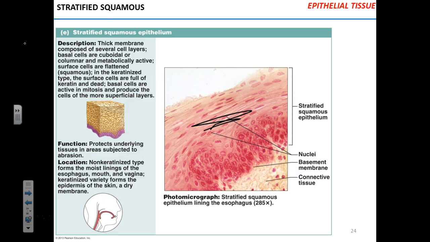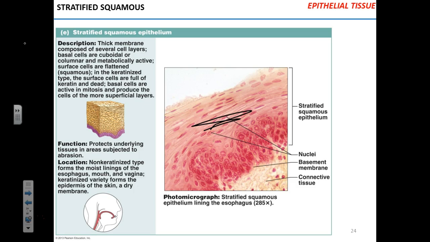Stratified squamous. Now, so we've got four simple layers, right? Simple squamous, simple cuboidal, simple columnar, and pseudostratified columnar. Now, this is stratified epithelium, which means it contains more than one layer of cells.